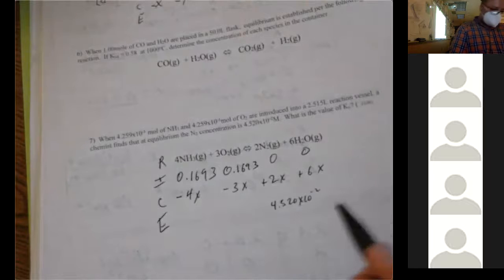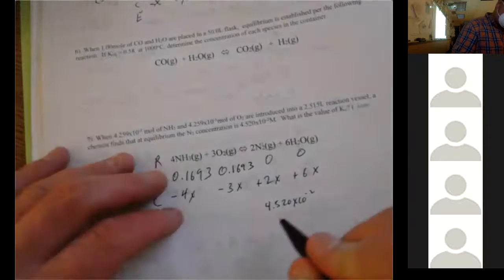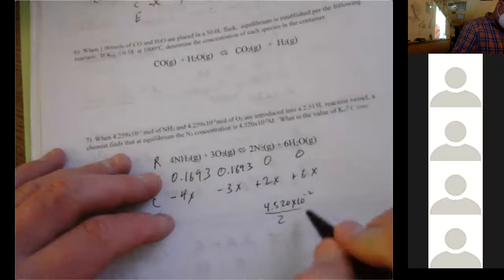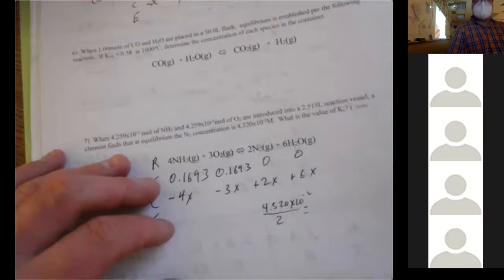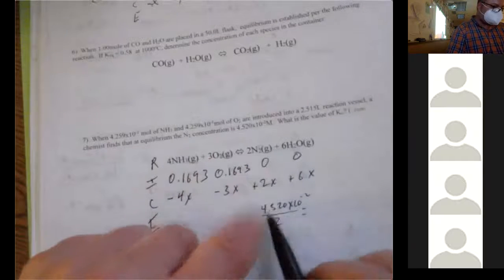So then basically we know that this is 2x, so we can find what x is by dividing this by 2. Because this is the concentration of it, and this is plus 2x.